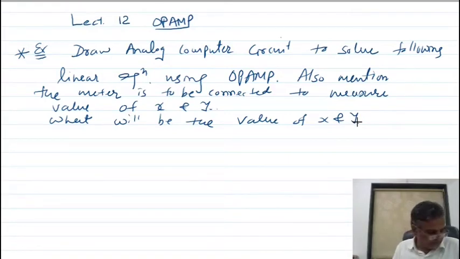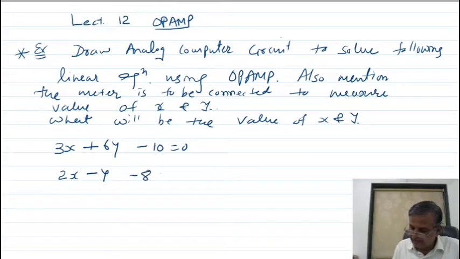So the two equations are: first equation, 3x plus 6y minus 10 is equal to 0. Second, 2x minus y minus 8 is equal to 0.